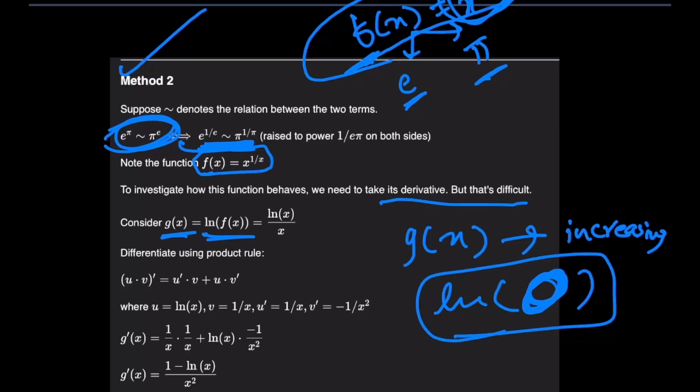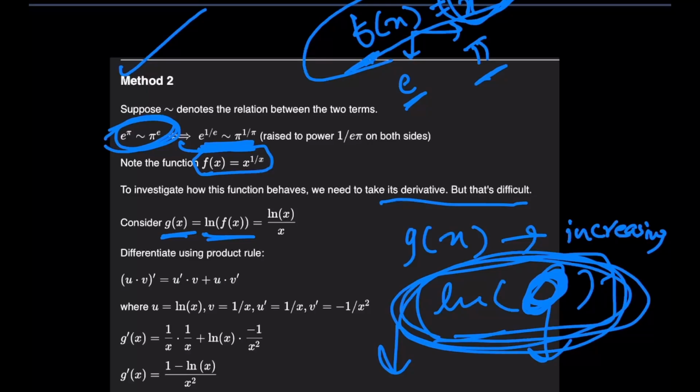If the value inside is decreasing, then the overall function itself will also be decreasing. So if we can find out whether this entire function is decreasing or increasing, we can comment about whether the inside function is increasing or decreasing, right? Because it's going to be the same.